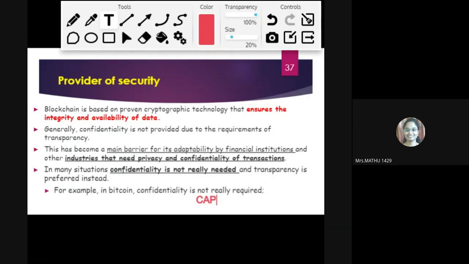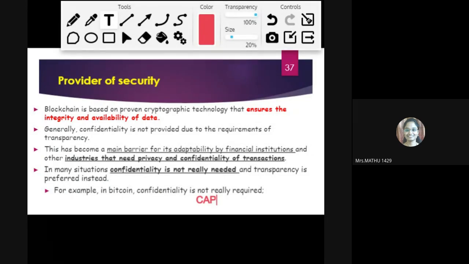In various domains blockchain is now getting involved. But financial institutions are hesitating to use this. Why? Because they need privacy and confidentiality of the transactions.